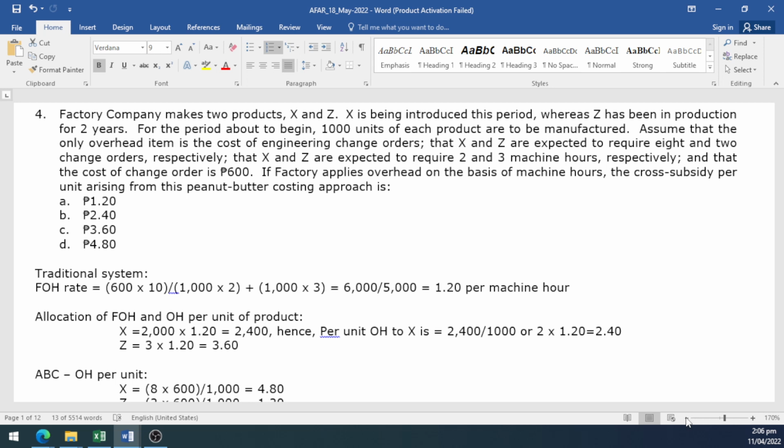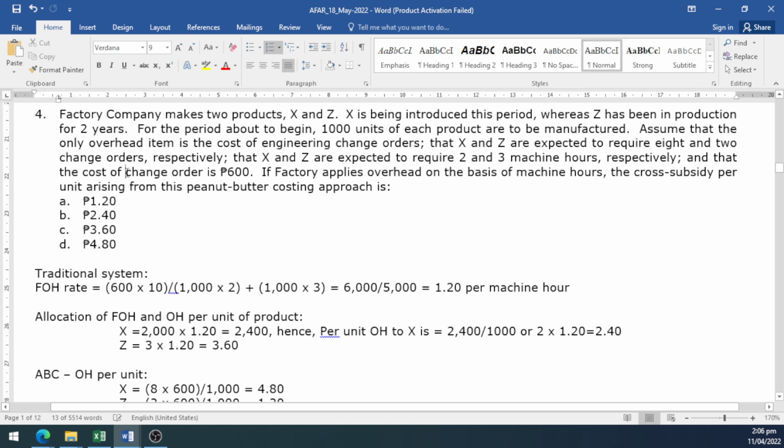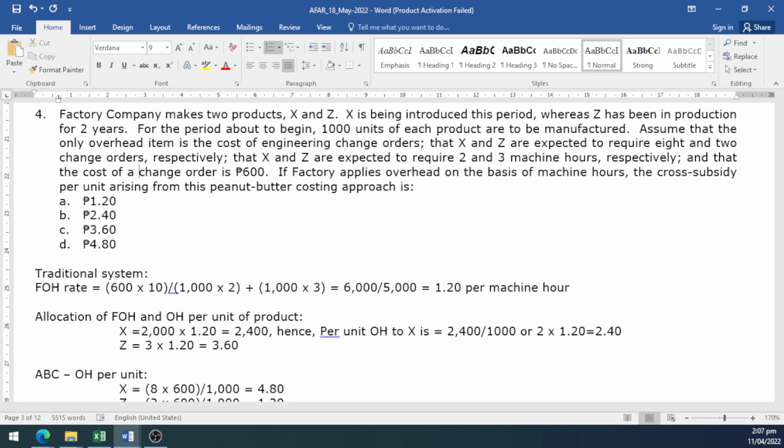And there are 8 change orders for X, 2 change orders for Z, and 2 machine hours per unit of X, 3 machine hours per unit of Z, and that the cost of a change order is 600. So, one change order, it will cost 600. So, in this case, because there are 10 engineering change orders, the total engineering change order cost is 6,000.